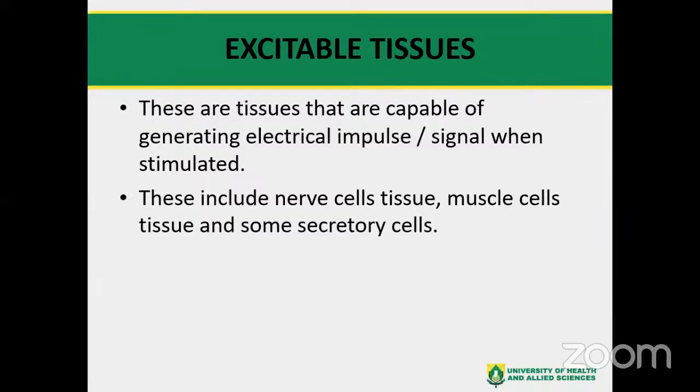The neurons, like we are saying, are excitable tissue. And if they are excitable tissue, they are capable of generating an electrical impulse, or signal, when they are stimulated.